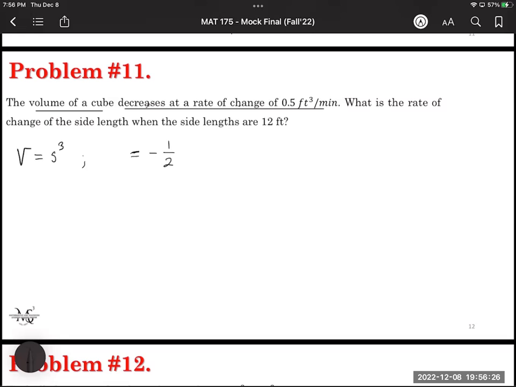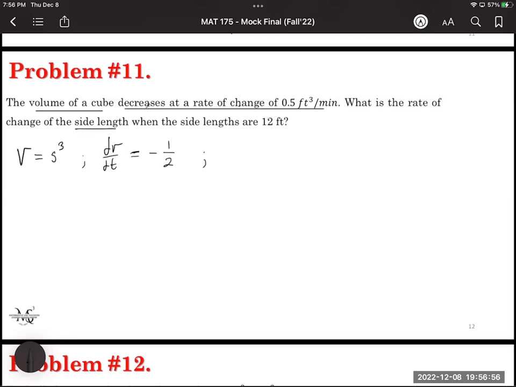How do I write out the rate of the volume mathematically, using calculus notation? That's right, Andrea. It's going to be dV dt.